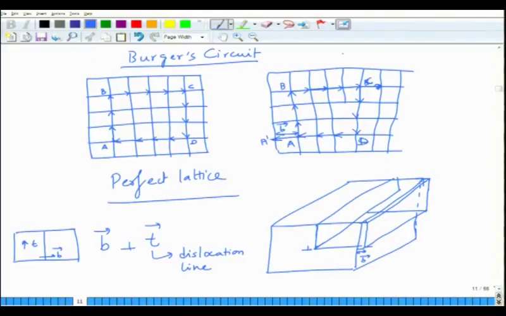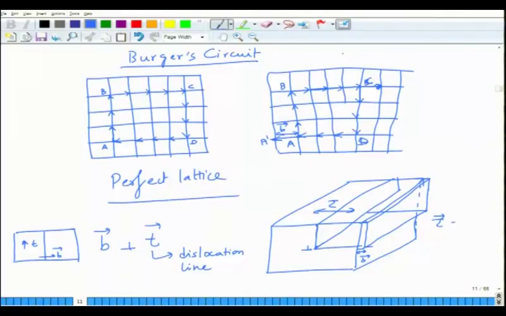And these dislocations in the materials, let me tell you, they move out of the crystal when you apply stress. So for example in this case, when you apply stress in this direction, tau, this extra row of atoms will move out. Now look at the relation between stress, line vector and the Burgers vector.